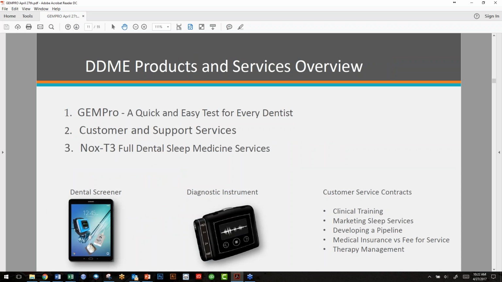Okay, so let's talk about how this works in the context of your practice and what DDME offers. What we offer is the GEMPro. It's a quick and easy test that every dentist, well, I'm selling it, but I think it's a great test. It's easy data to get. It is inexpensive.